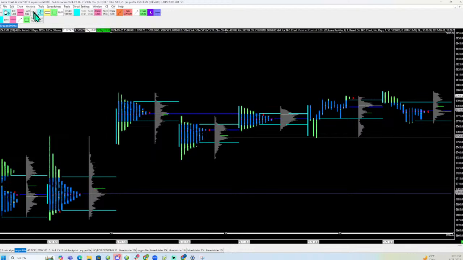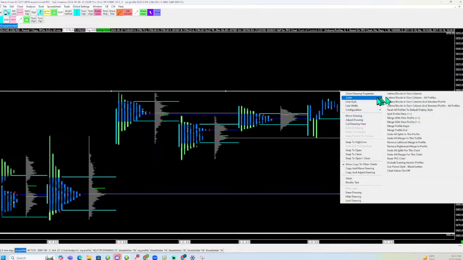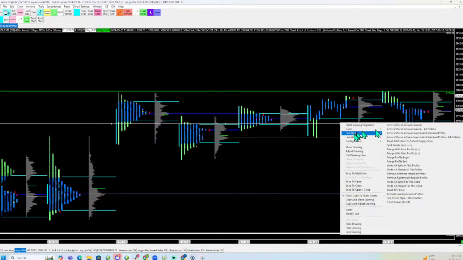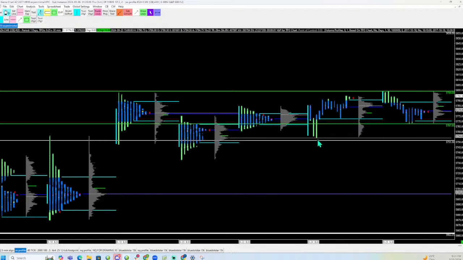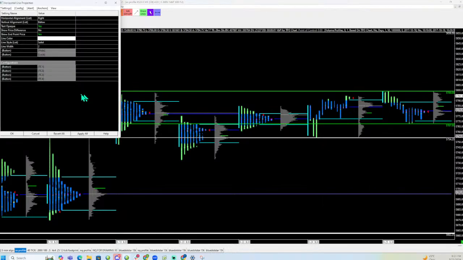Okay, let's see if we can do this really quickly. Today's high. Today's low. The low from the 24th.